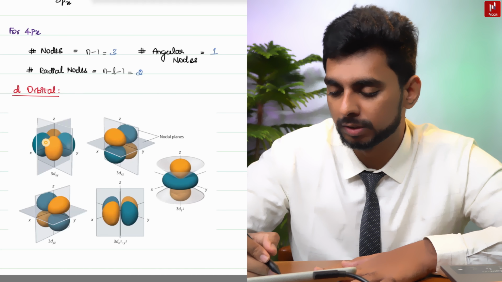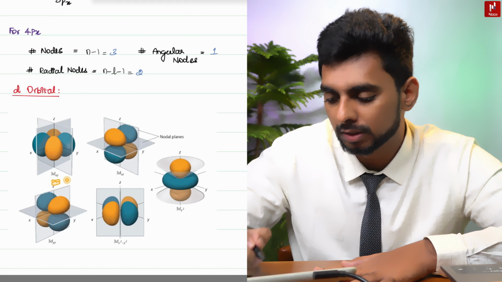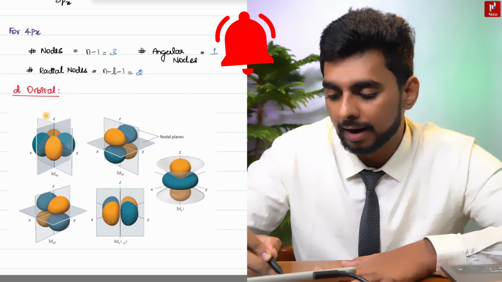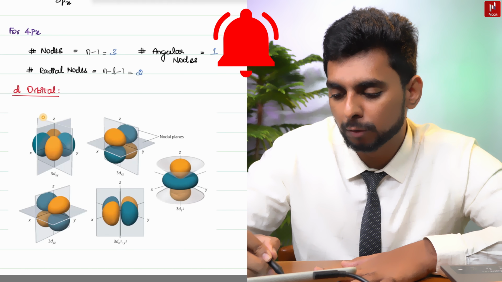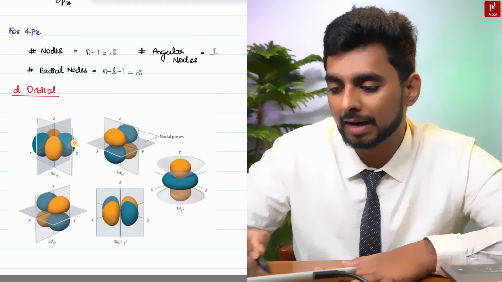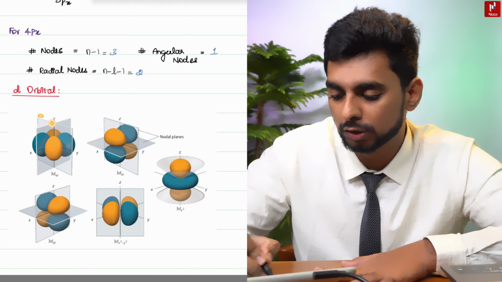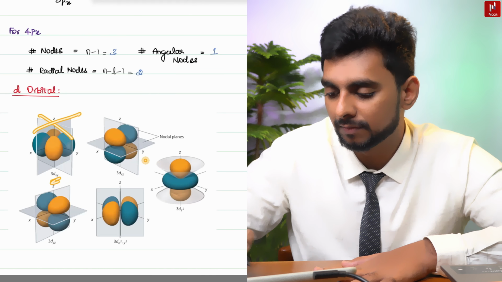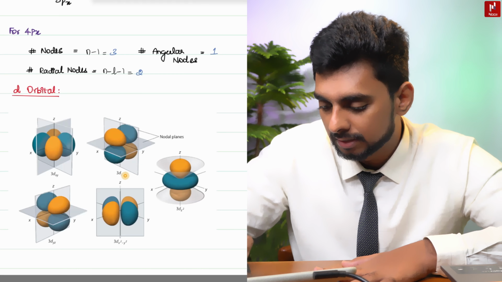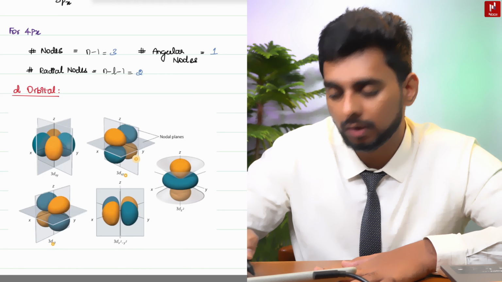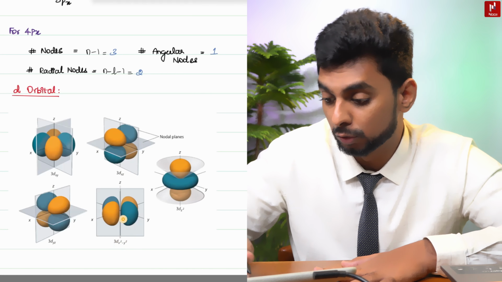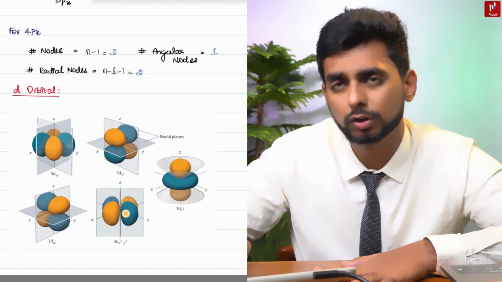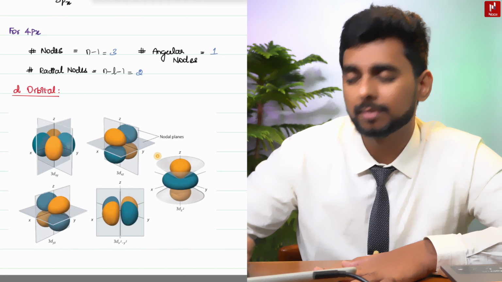This four lobe for dxy will be along the xy plane, and then here the possibility of finding the angular node will be 2, isn't it? So you'll have like two nodal planes, which means two angular nodes with the case of dxy. Same way with the case of dxz and dyz, you have two nodal planes. Same way 3d x square minus y square also had like two nodal planes, right? This diagram has to be clear.